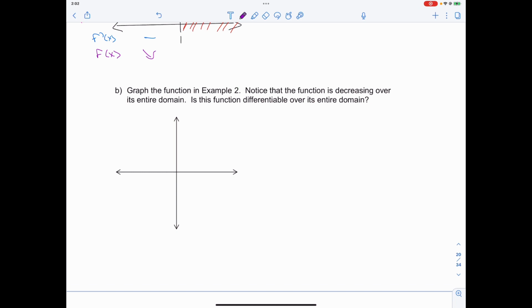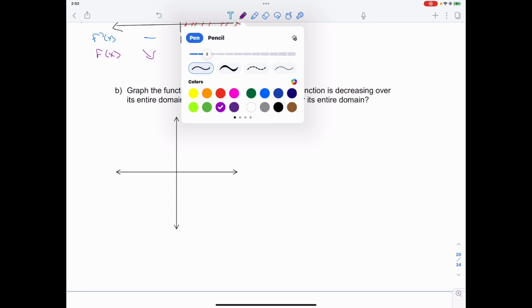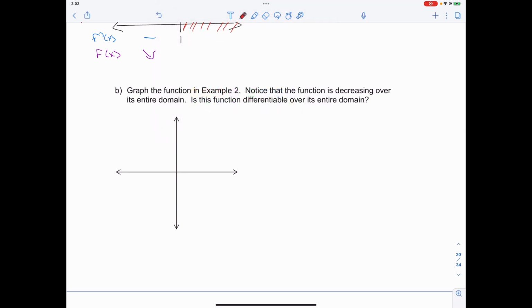If I graph this out, then I'm going to wind up where it has an endpoint here, at 1 and 1, and then it's going to be quadratic that looks like this.